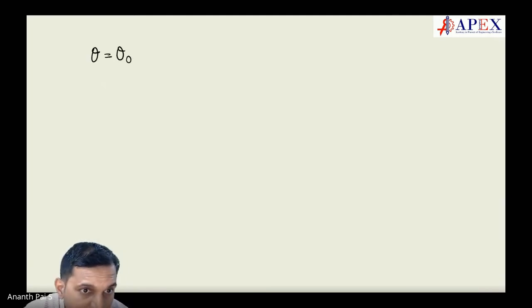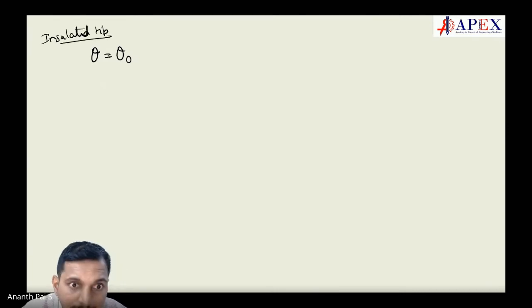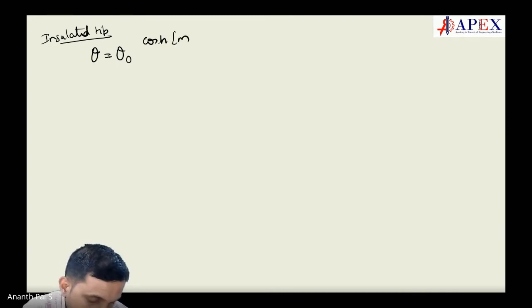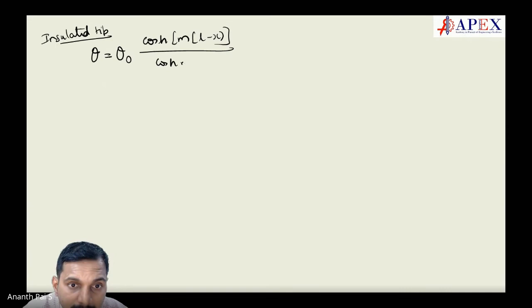So here observe, theta in the case of this one, the insulated tip, is theta naught into cosh of m(l minus x), divided by cosh ml, right?